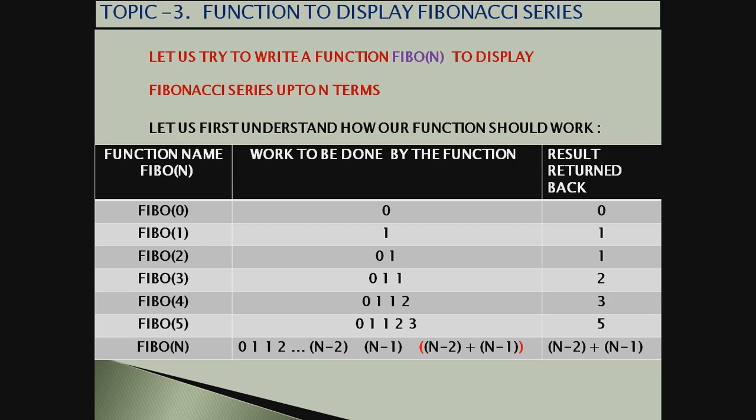So 2 things have to be displayed. But students, Fibo 2 by itself would not be able to display 2 things. It has to use, or I should say call, 2 Fibo functions for its work. When Fibo 2 is passed, it is going to call Fibo 1 and Fibo 0. Fibo 0 is going to give back 0 and Fibo 1 is going to give back 1, and therefore Fibo 2 can do its work twice.